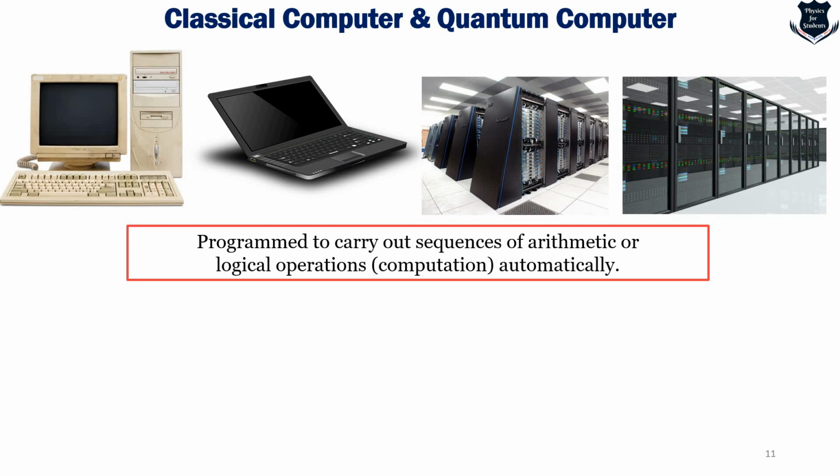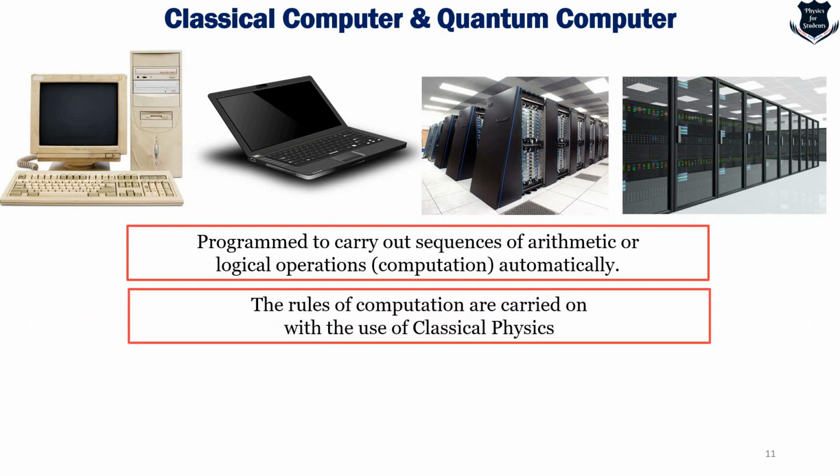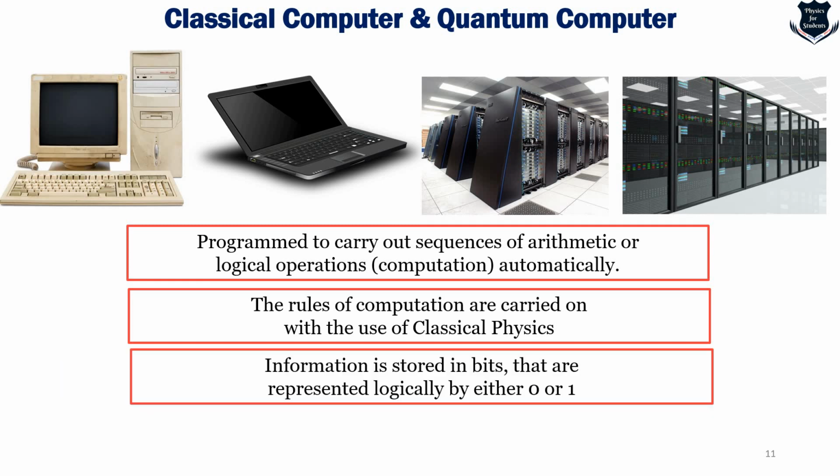That means they need to compute something. They are given a set of instructions called a program or algorithm, and we give a problem in order to solve that. Now, including the mobile you're using, possibly you're watching this video on your mobile, these are all computations carried out by the rules of classical physics.